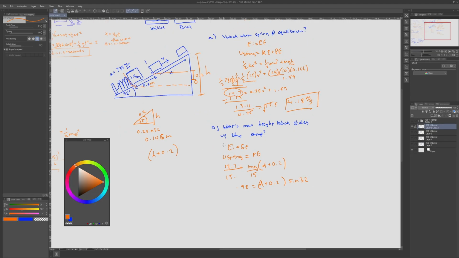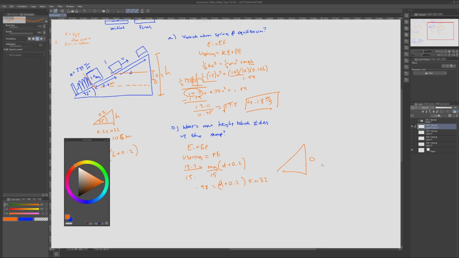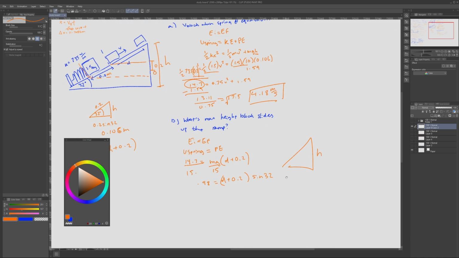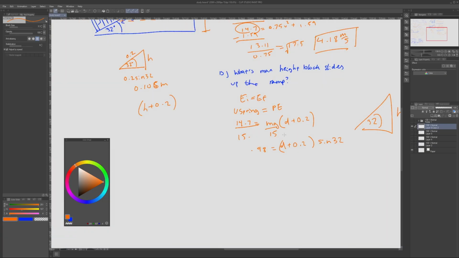Because we're going to be finding the opposite here, which is our H. This is the hypotenuse. We're just using basic trigonometry here. So we're going to take 0.98 divided by sine 32.